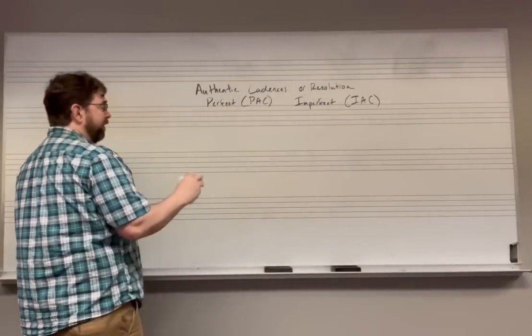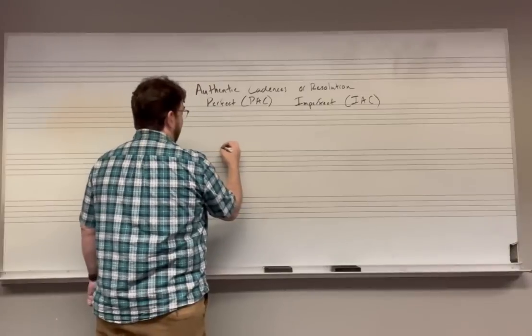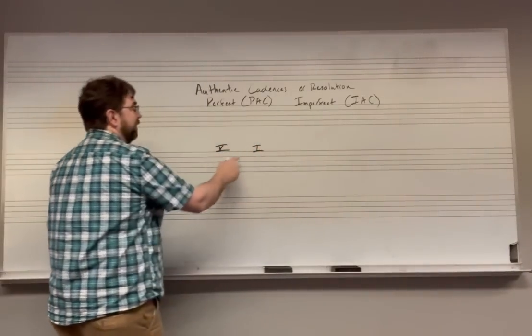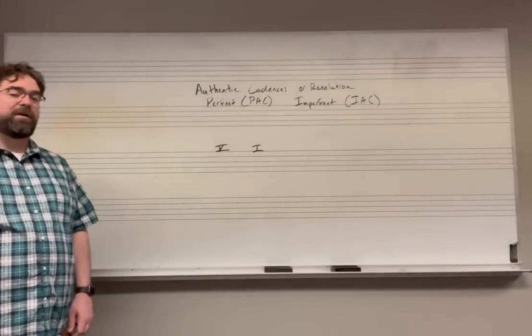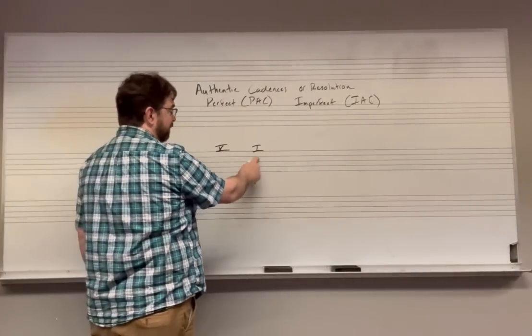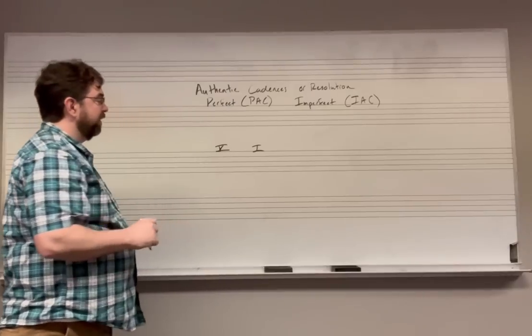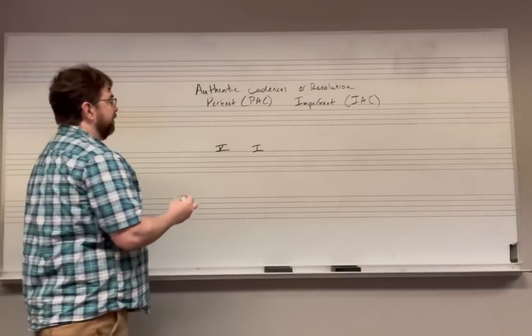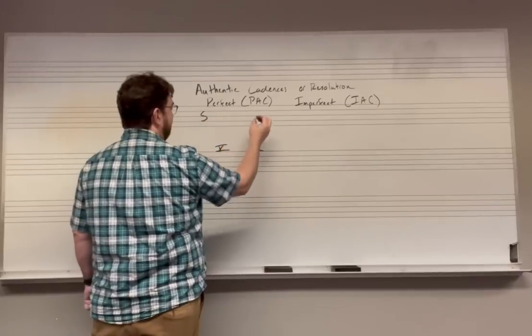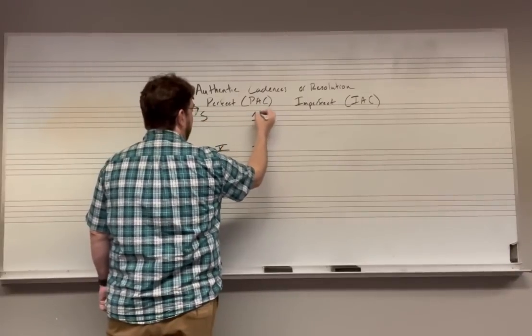So the way all authentic cadences work is they have to have scale degree 5 and 1. That's what makes it authentic. It's moving from the dominant to the tonic. We always call scale degree 5 the dominant, scale degree 1 the tonic. So one of the requirements for an authentic cadence is that in the soprano voice, you have to end on scale degree 1.